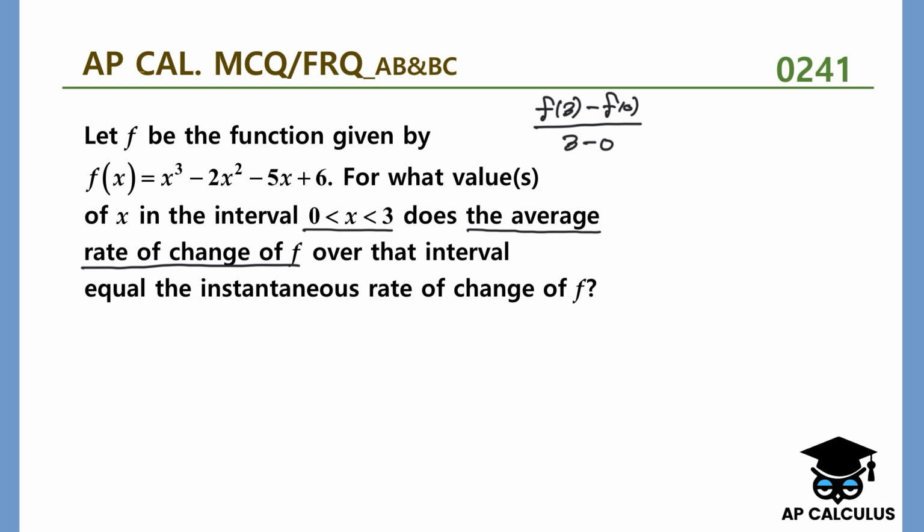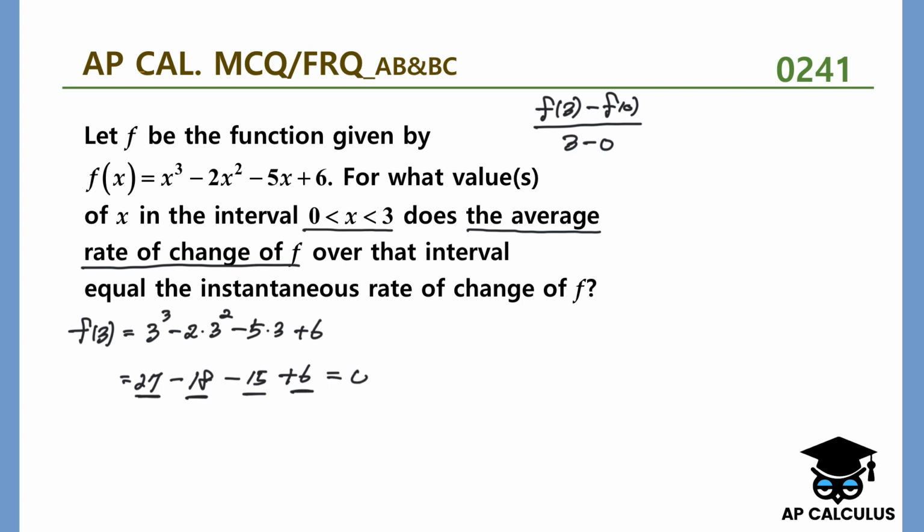Let's find f of 3 first. So f of 3 is equal to 3 cubed minus 2 times 3 squared minus 5 times 3 plus 6. So that's 27, 2 times 9 is 18, 5 times 3 is 15, plus 6. So 27 plus 6, that's 33. 18, 15, that's minus 33.